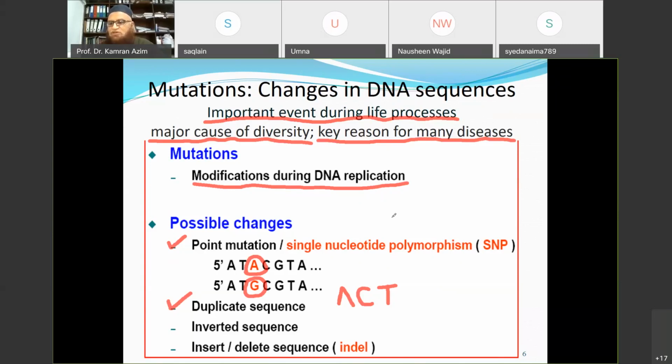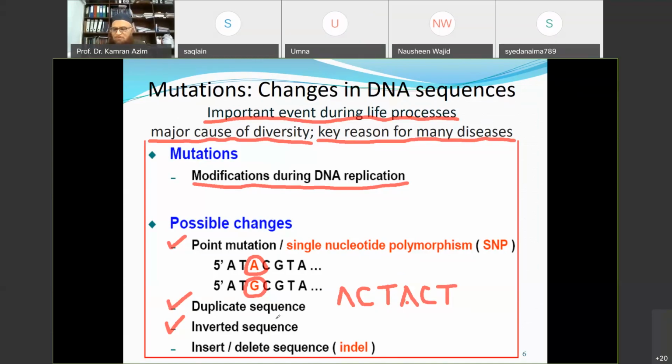ओके, so we resume. So ACT is basically duplicated by another ACT, A and C and T. So this would be called a duplication. A sequence is duplicated. There is another type of mutation which is called inversion.